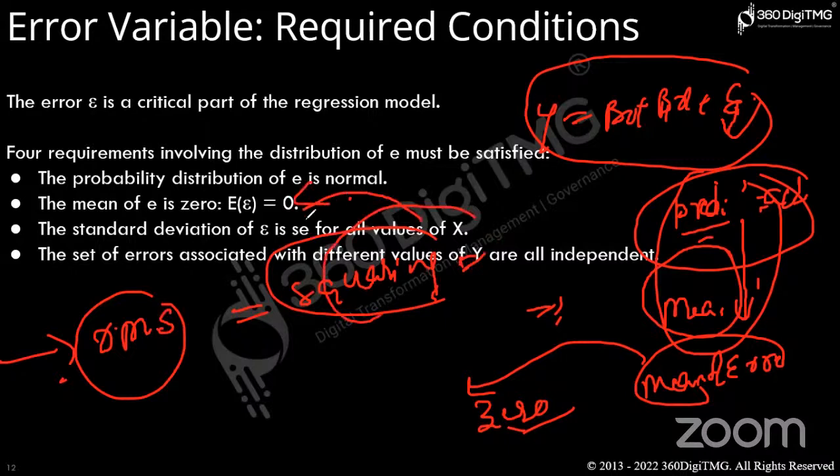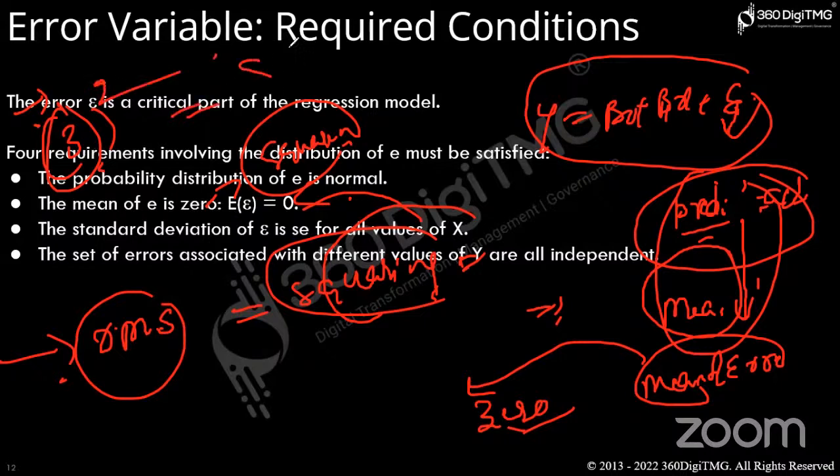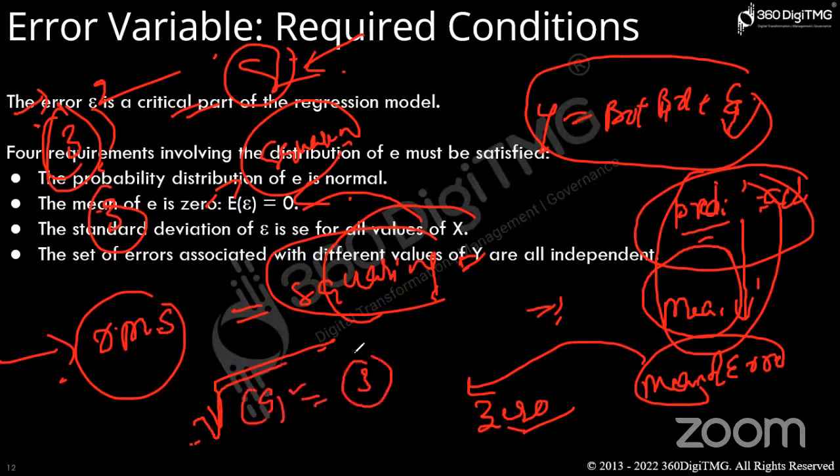Whenever you do this squaring, let's say you have an error of 3. In order to avoid the mean value being equal to 0, you are simply squaring. But is that the actual value that we are having? No, right? So the actual value is 3. In that case, you have to apply the square root.